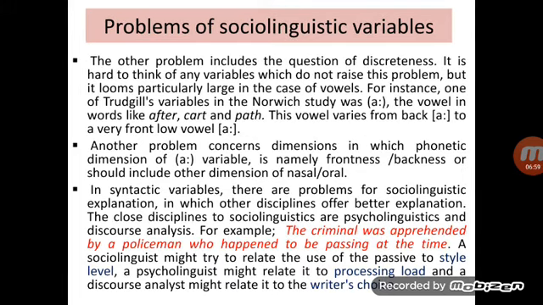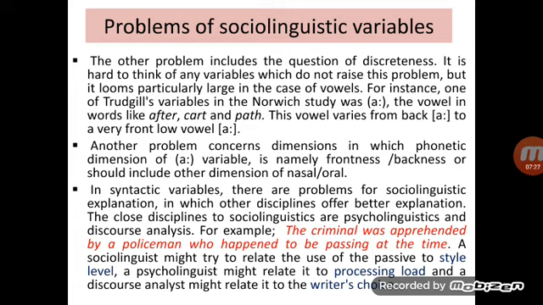The other problem includes the question of discreteness, in which it is hard to think of any variables which do not raise these problems. But it looms particularly large in the case of vowels. For instance, one of Trudgill's variables in the Norwich study was the vowel a, the vowel in words such as after, cart, and bath.